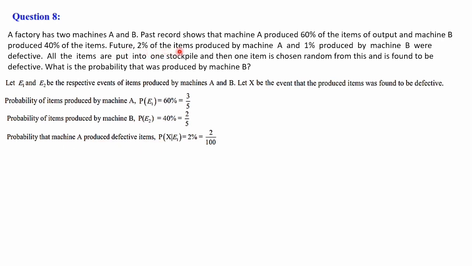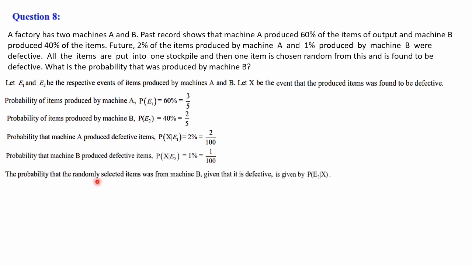So 2% of the items produced by machine A are found to be defective, means X given E1. So a defective item is taken given that it is produced by machine A. So that is probability of X given E1, that is 2% of the total, that is 2 by 100. Next is X given E2, that is a defective item is taken given that it is produced by machine B. Probability that machine B produced defective items. Probability of X given E2 is equal to, in the question it is given to you 1%, that is 1 by 100.